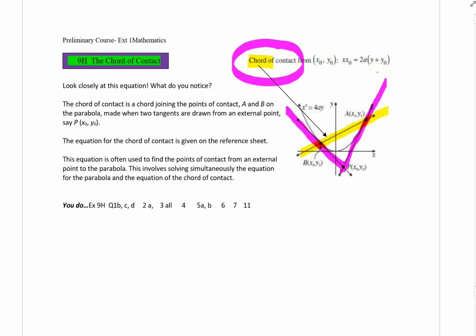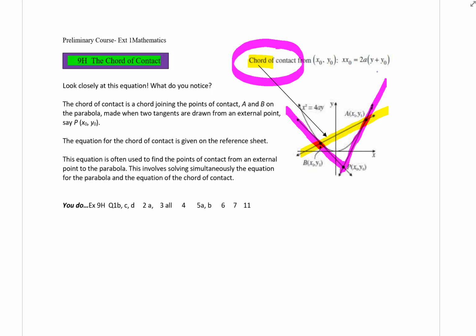Like I just said, this equation is actually given on the reference sheet. So at most you could be asked to prove that this is the equation, or show that the equation for the chord of contact is a particular equation. They'll give it to you.